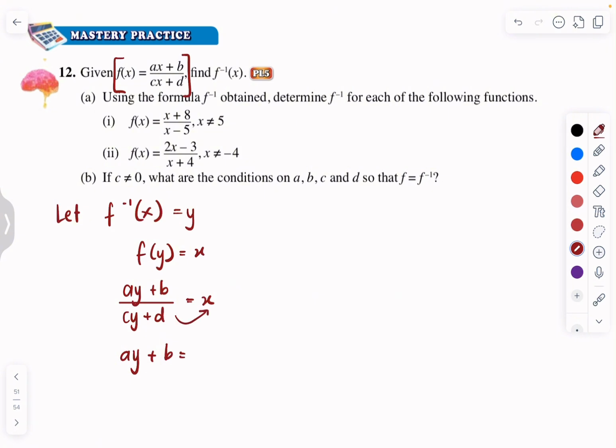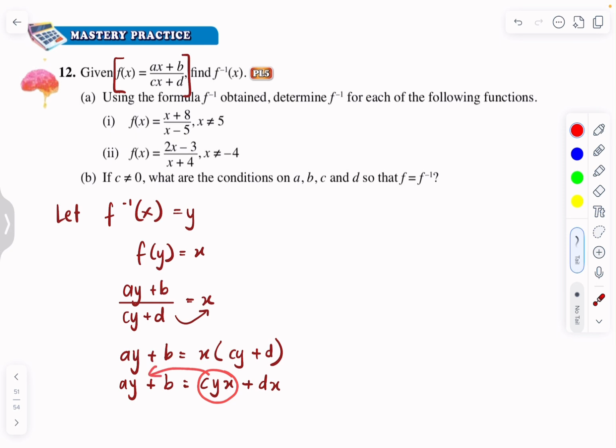So you cross multiply, we get x times (cy plus d). So we expand: cyx plus dx. Then you try to bring whichever has y to one side. So ay minus cyx equals to dx minus b.